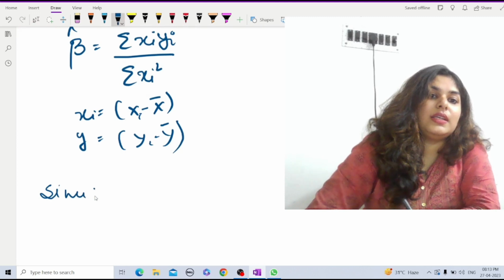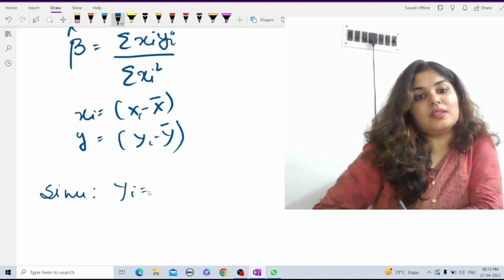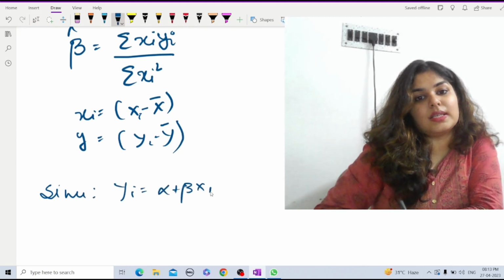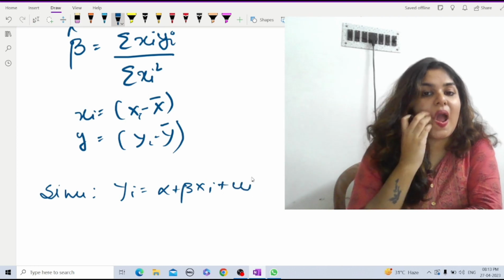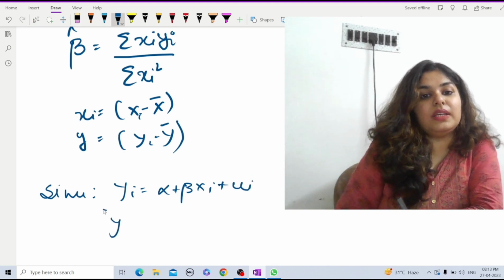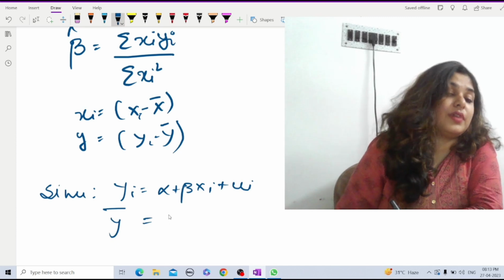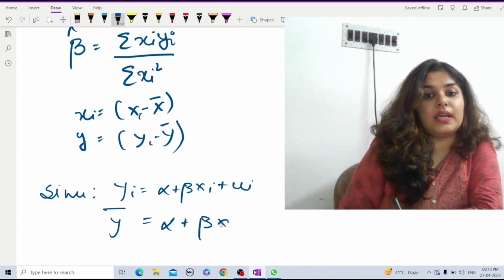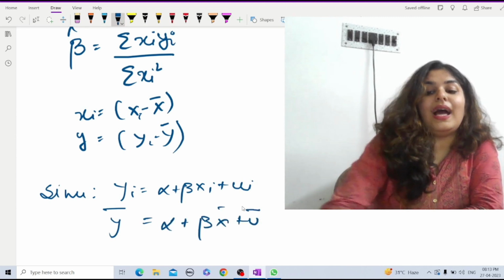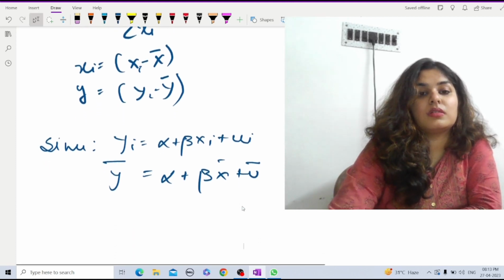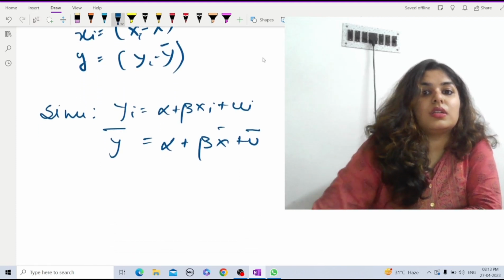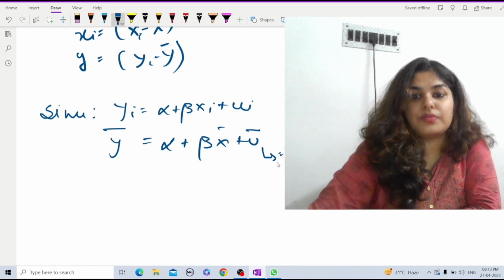Since the linear regression equation is yi equals alpha plus beta xi plus ui, right? Now if we take the mean value, then we get y bar is equal to alpha plus beta x bar plus u bar, and of course this u bar is equal to 0.